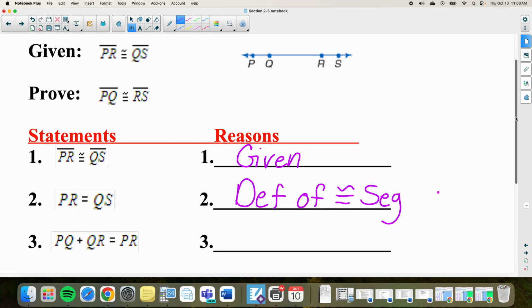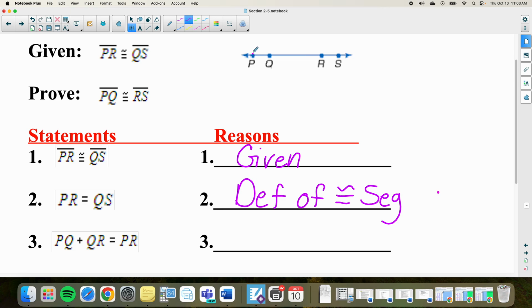Now, whenever you guys see two things added together to be one, do you guys remember what I said yesterday to think of? When you have two things added together to be one, what you would want to do is look up at your diagram and see, did they take a segment and break it into parts?